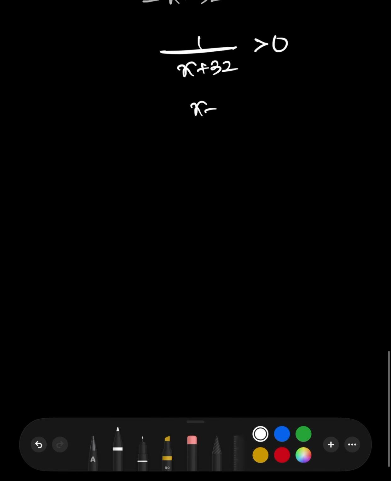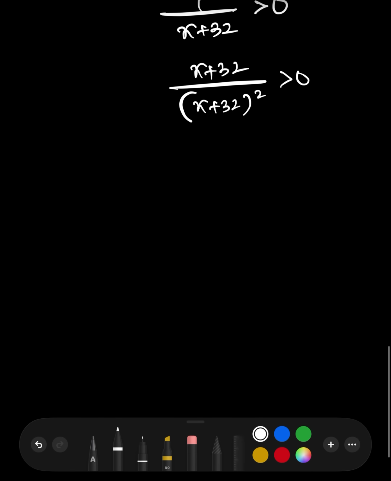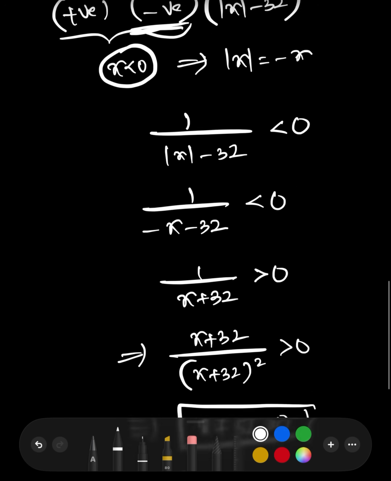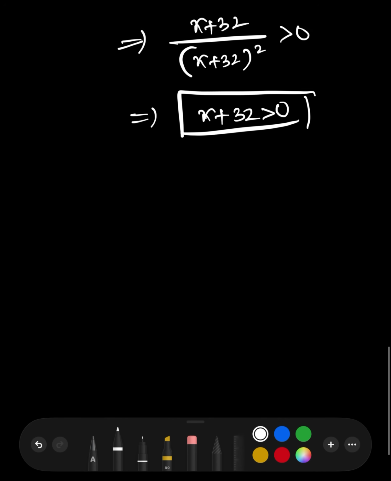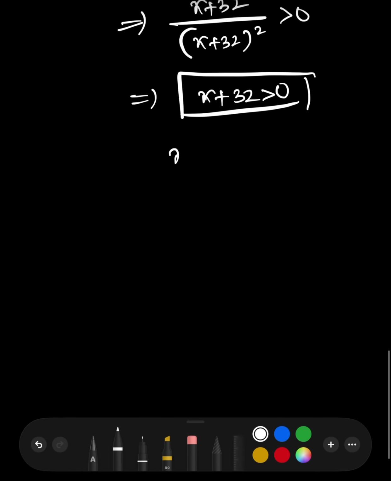Multiplying by x plus 32, we get (x plus 32) by (x plus 32) whole square greater than 0. Since (x plus 32) whole square is positive, we want x plus 32 greater than 0, so that the complete inequality becomes negative. So x is greater than minus 32, which means x belongs to the open interval (minus 32, infinity).